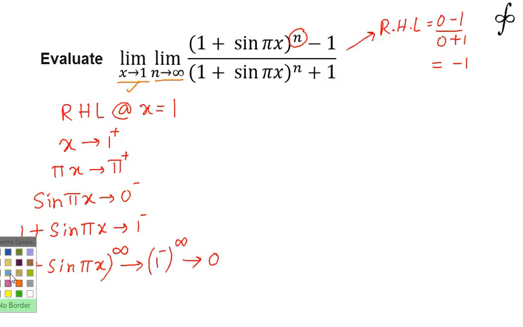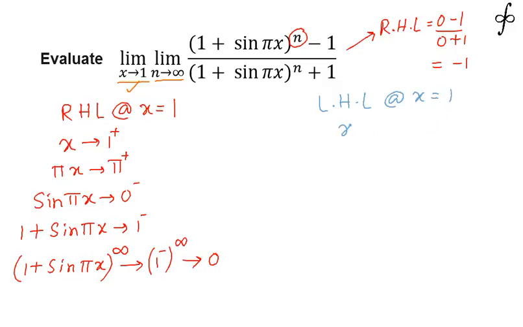And side by side, let's analyze the LHL at x equal to 1. When we plan for LHL at x equal to 1, x is tending to 1 from the left hand side, so we write x tends to 1 minus, slightly less than 1. So pi x will be tending to pi minus, slightly less than pi.